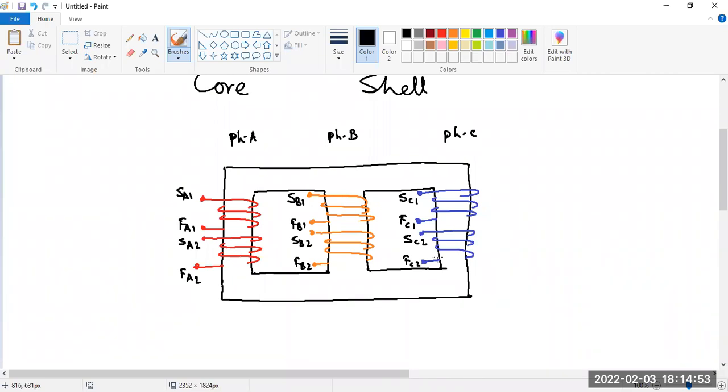But anyway, you know that in a power line, generally how many wires, how many lines we have for connecting a transformer?